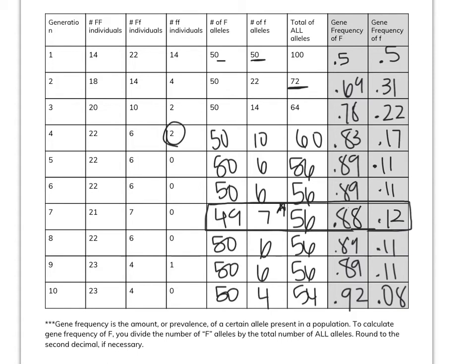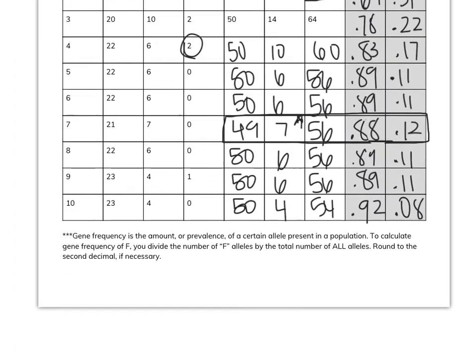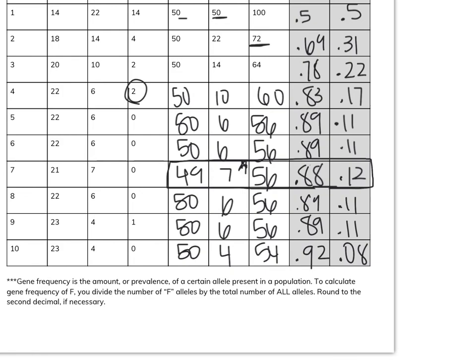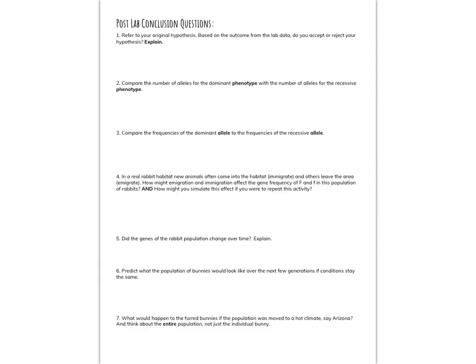But obviously I messed up, which is fine as long as we recognized that it was an accident and it looked kind of funny and the data shouldn't look like that. Okay? So it should have stayed consistent here, but it didn't because I messed up somewhere. So I'm not going to include that in the graph. Okay, I lied. The graph is going to be on the next page under analysis.